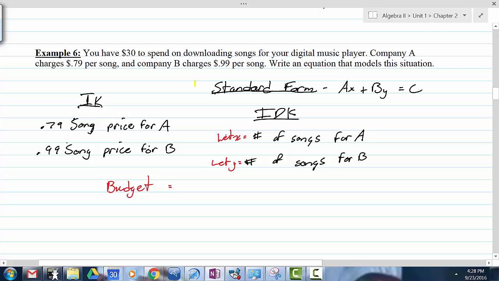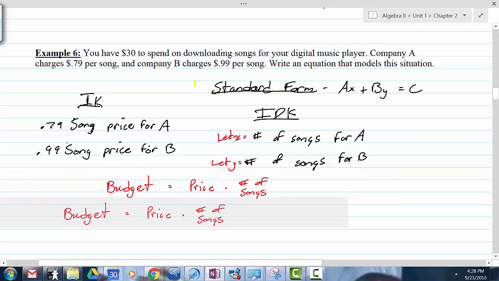Well, we know we've got to spend $30, and how we find out how much we spend is price for song A times number of songs. And let me give a little bit of room, because I'm doing this twice.